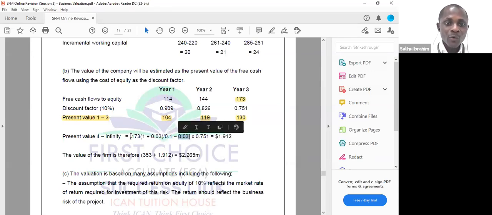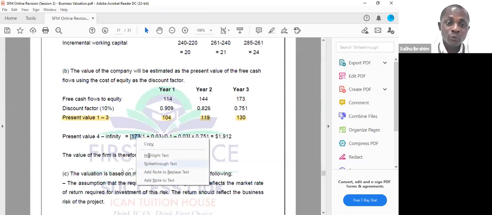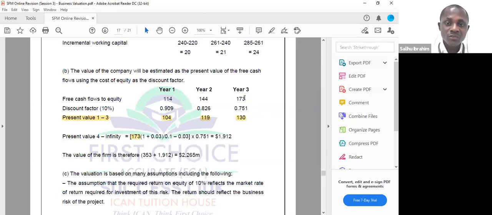And I told you, when you are dealing with perpetuity with growth, you have to look at your base year, right? What's my base year here? My base year is the year from where I'm bringing this 173. Look at 173 in my solution. From which year is that 173 coming from? It is coming from year 3. Can you see that?